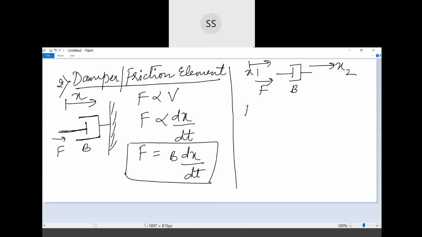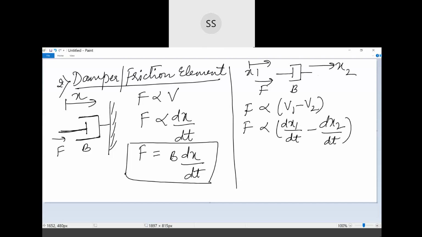So whatever this F is, it will be proportional to V1 minus V2, because the two ends may not be at the same displacement. They may be at different displacements, but anyway F will be proportional to the difference of velocities, or F is proportional to dx1 by dt minus dx2 by dt.